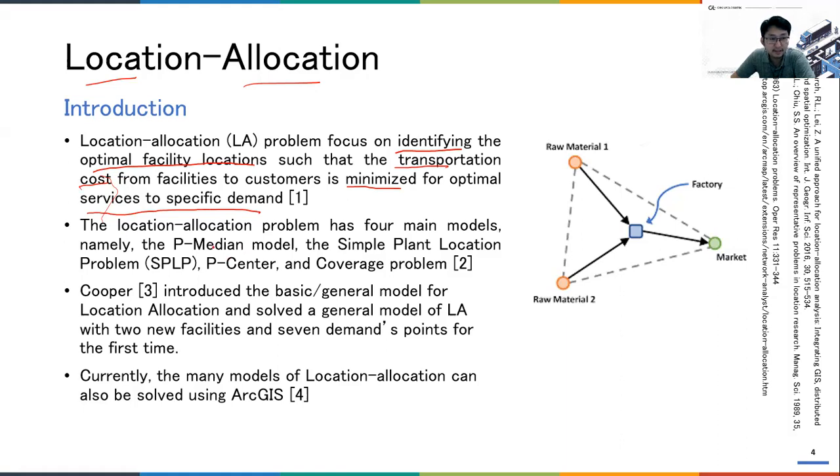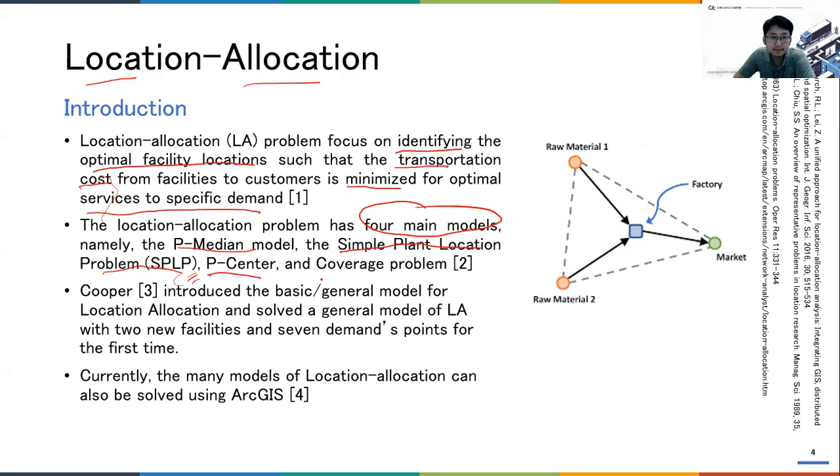So there are at least 4 main models discussed as location allocation problems. We have here P median problems. What is P median? We will see it later in the next slide. Plant location, I think we don't discuss this one. Later, if I find a paper related to this, I will give it to you.